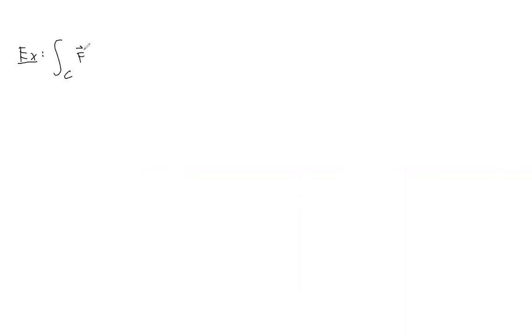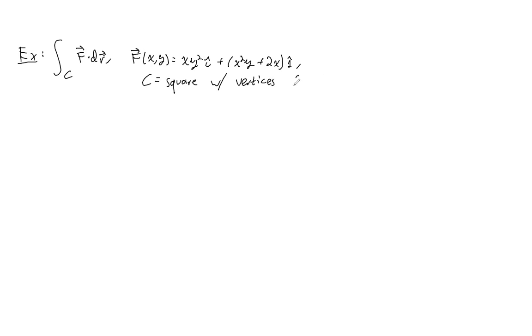This is the integral over C of F dot dr, trying to figure out what this is, where F is the vector field xy squared i plus (x squared y plus 2x) j, and C is the square with vertices given by (2,1), (4,1), (4,3), and (2,3), positively oriented.